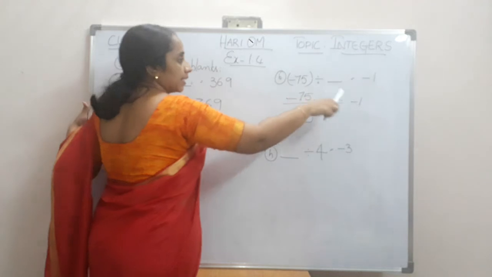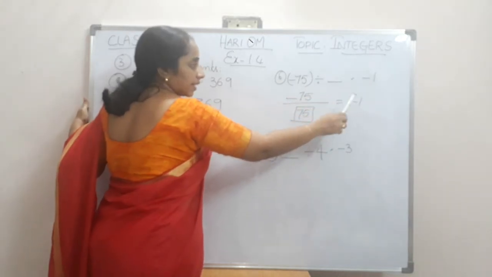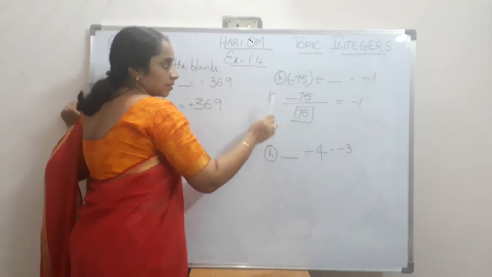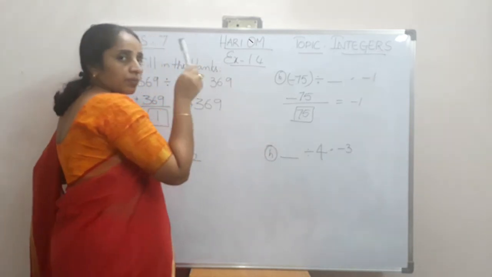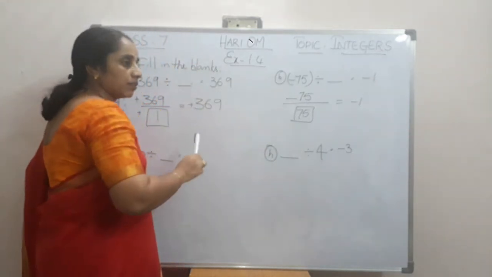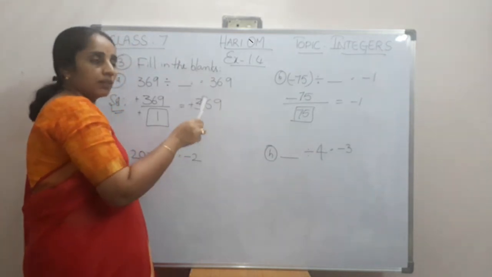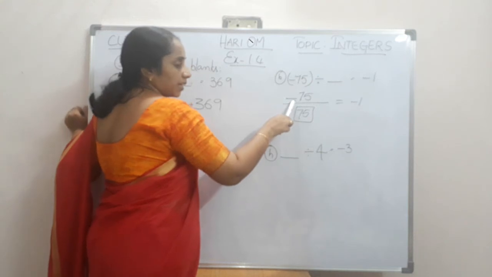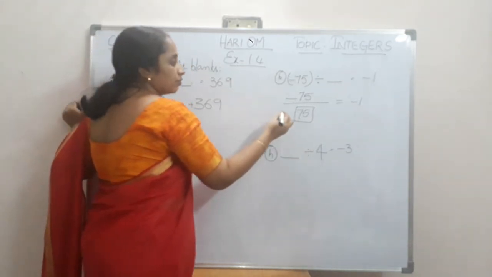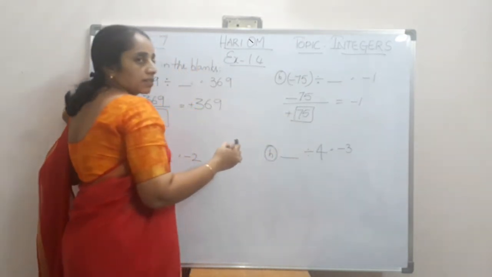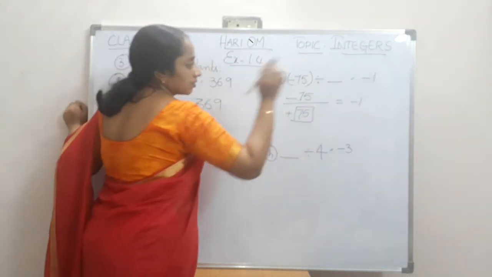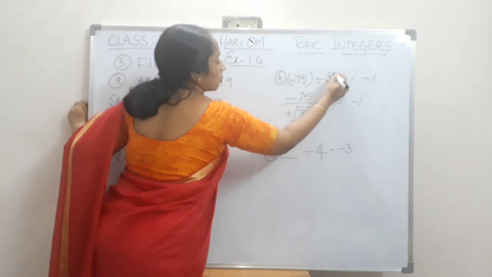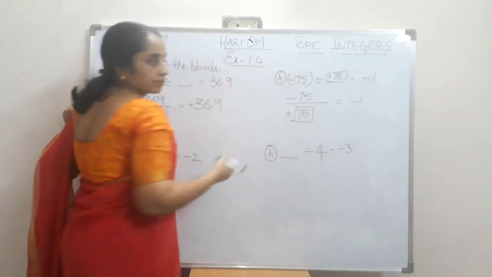And moreover, for the result we have a negative sign. So in this problem, one number should be positive and the other negative. Already in the given problem we have a negative. If we put positive to this, then you will get a negative result. So it is plus 75.